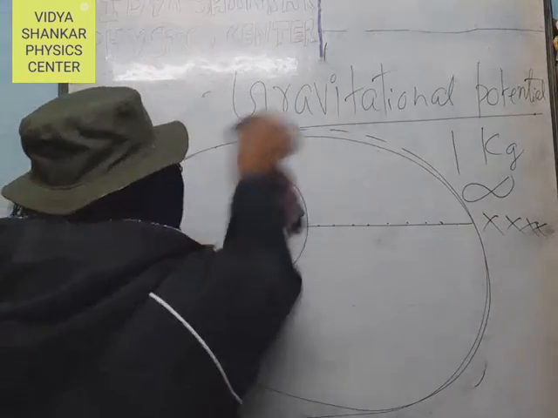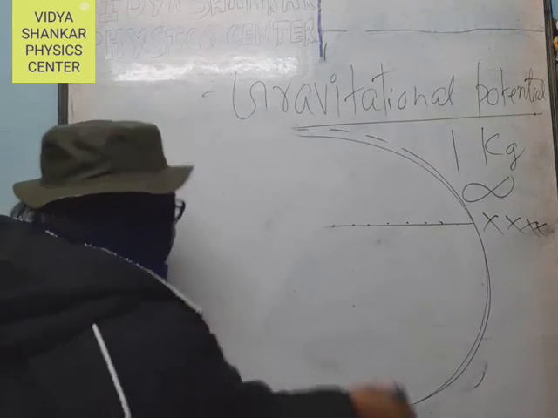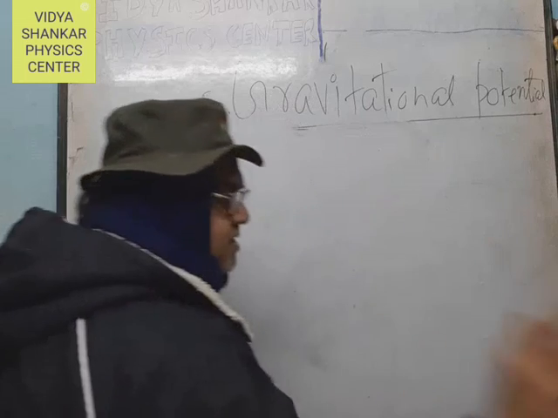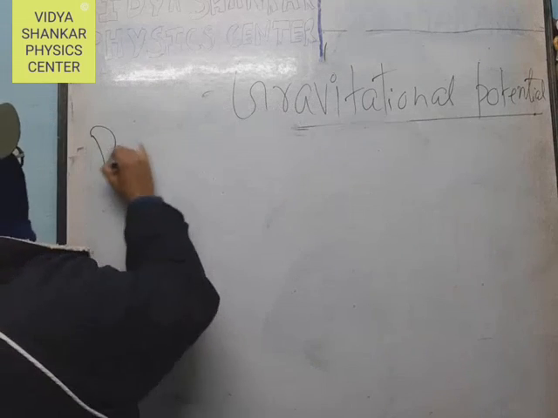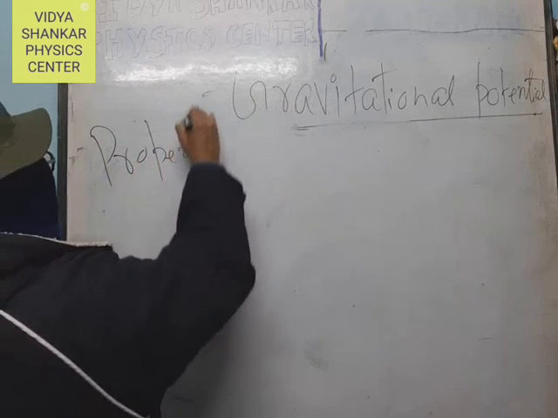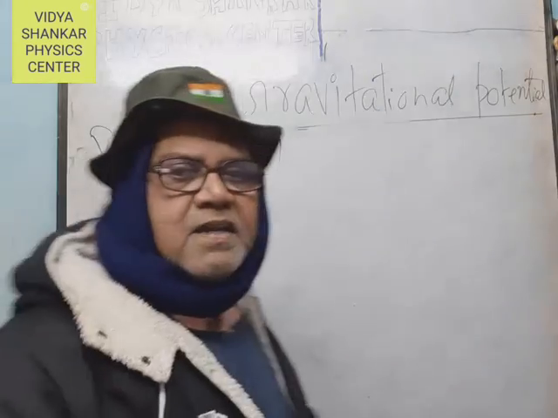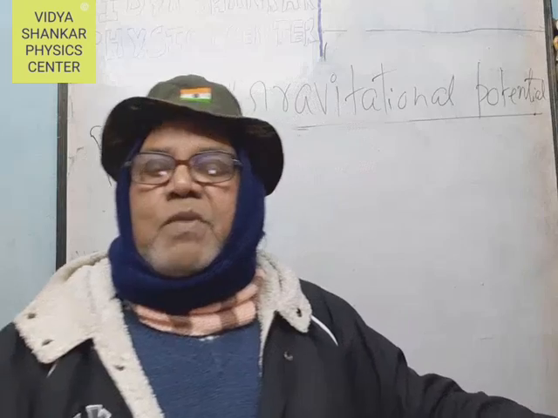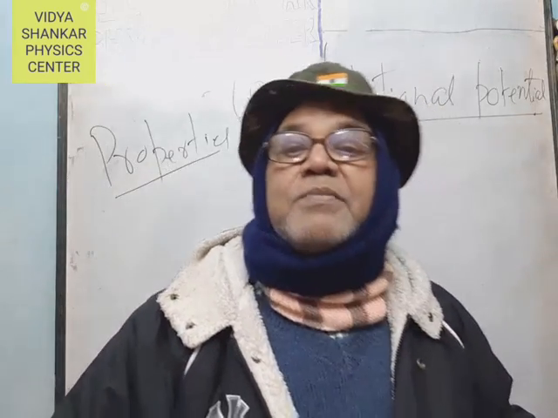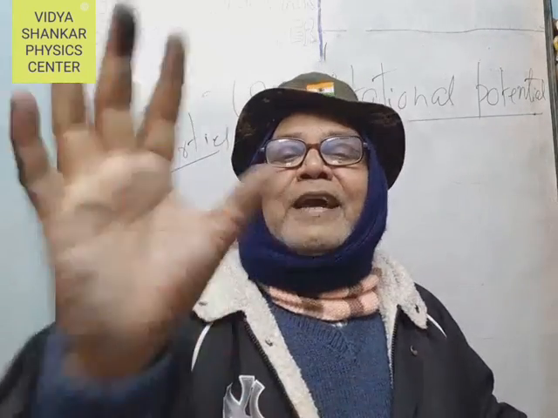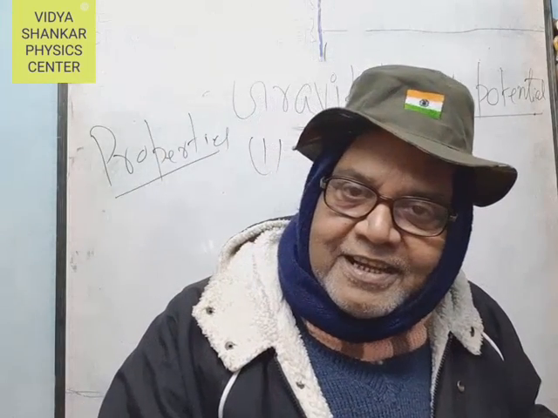Properties. First, it is the work done. Gravitational potential is the work done in bringing the unit mass from the infinity to a point in the gravitational field. Work done. And work is a scalar, therefore the gravitational potential is also a scalar.